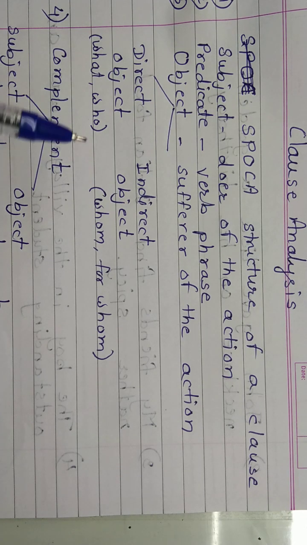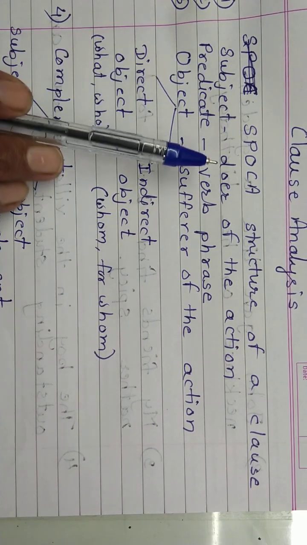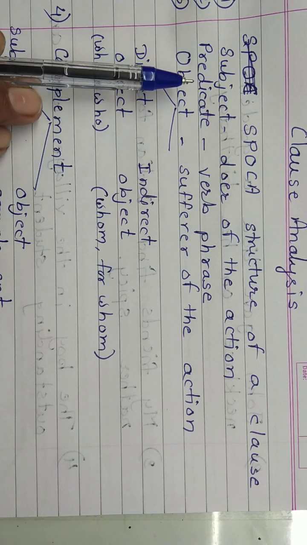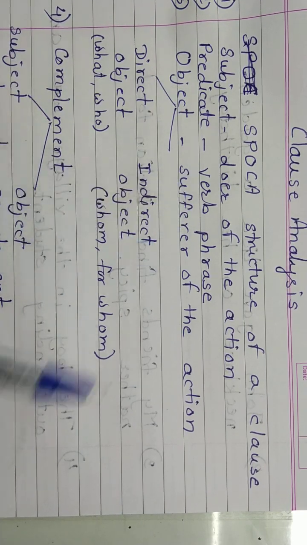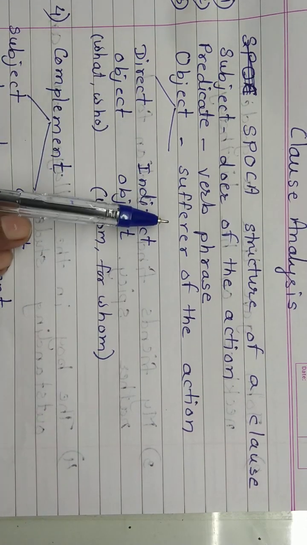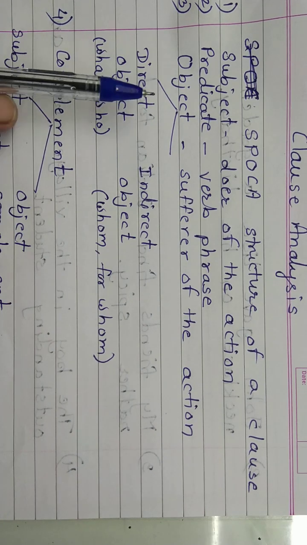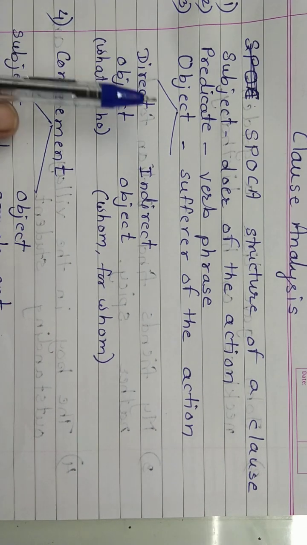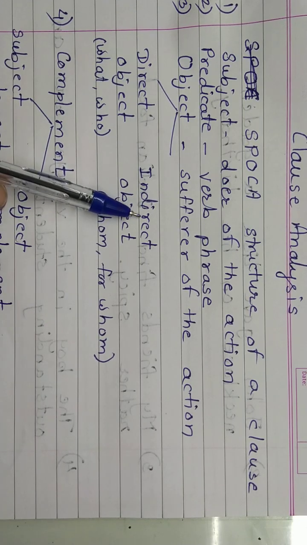Here it is shown: subject means the doer of the action; predicate is a verb phrase, meaning auxiliary and main verb; object is the sufferer of the action. There are two types of object: direct object and indirect object.